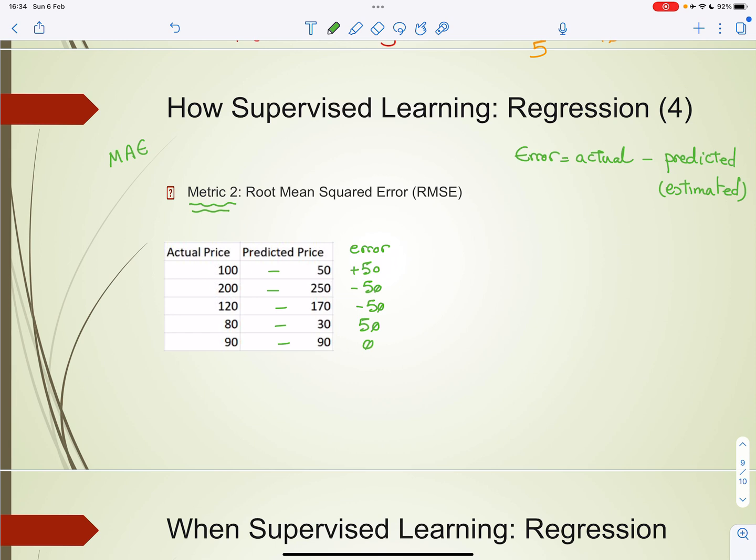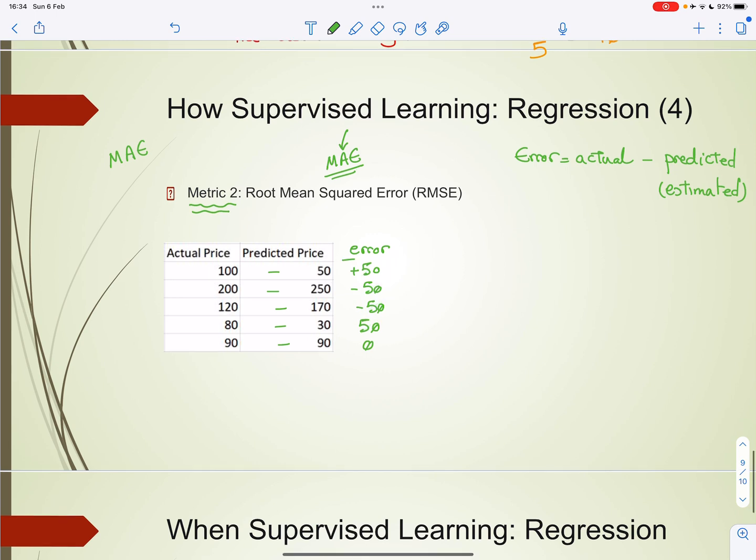If you recall, in mean absolute error, we used the absolute operation to remove these minus signs in order to prevent them from canceling out each other. Otherwise, this would cancel this one, and this would cancel this one, when we wanted to aggregate all the errors. So another way to get rid of the minus signs is to square.